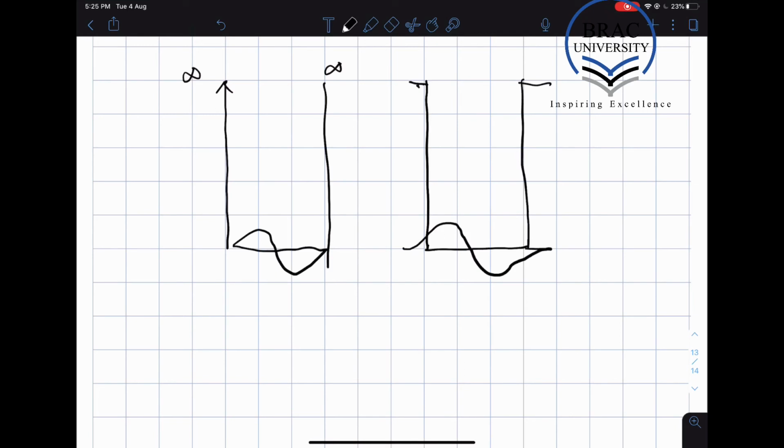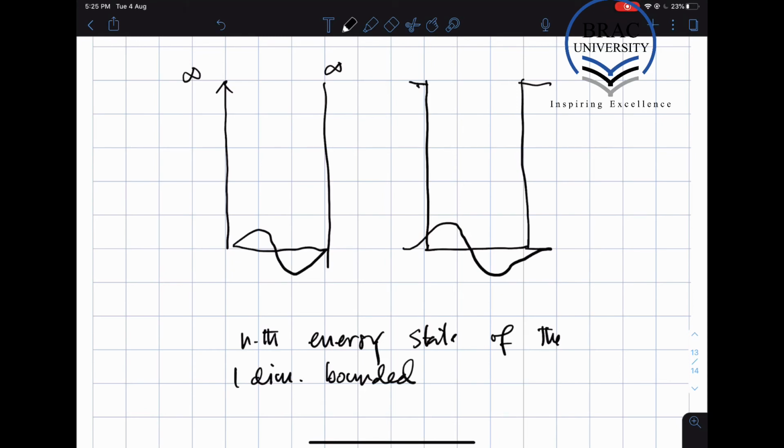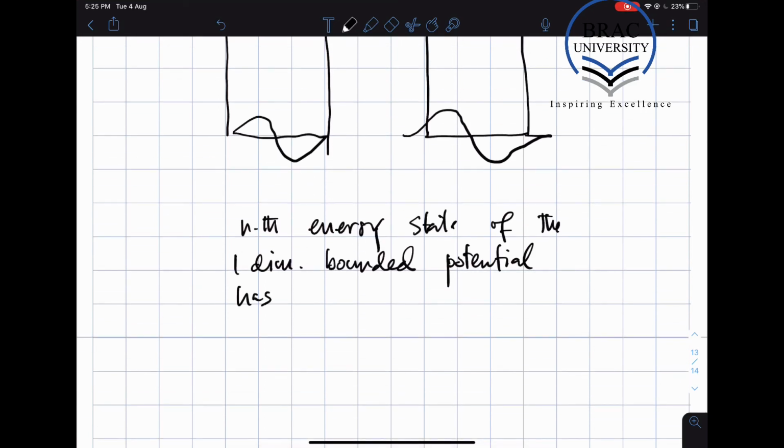So another important observation is that the nth energy state of a one-dimensional bounded potential has n plus 1 zeros, including the zeros at plus and minus infinity.